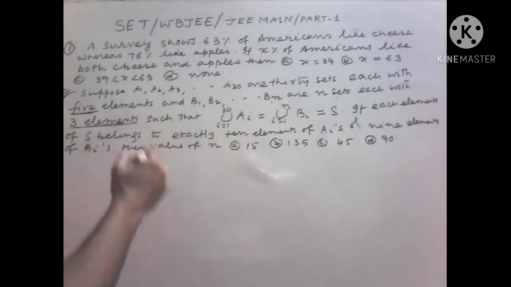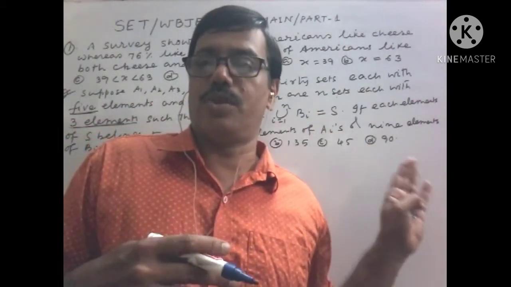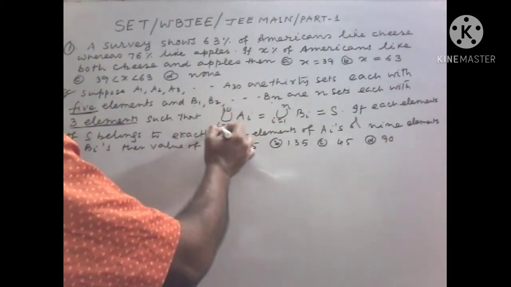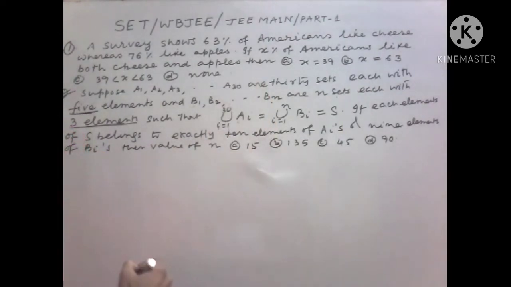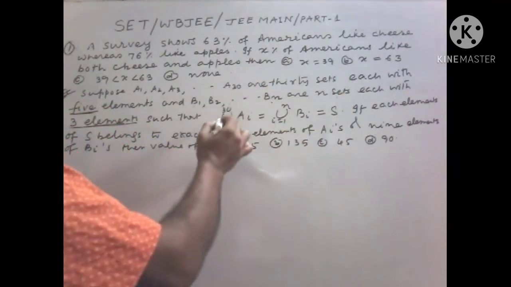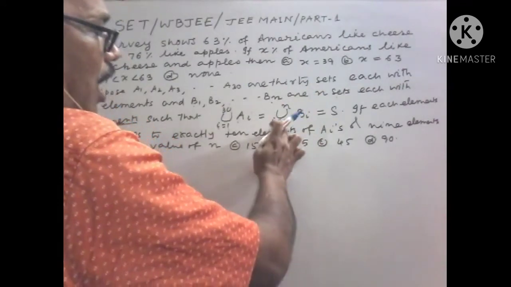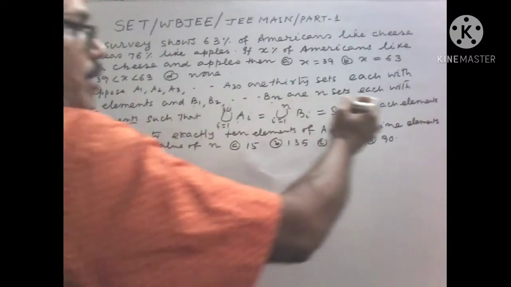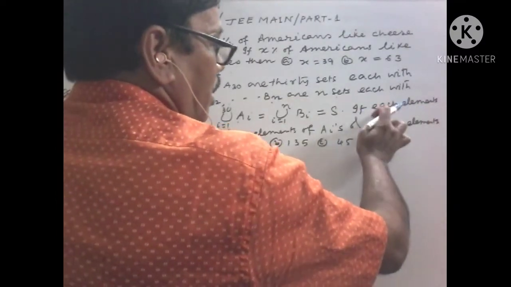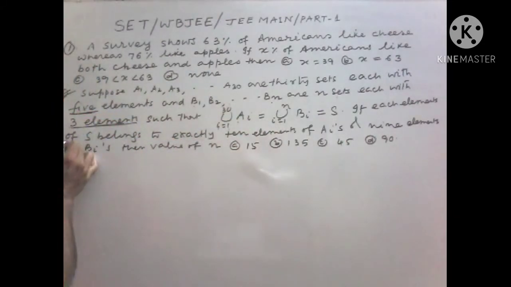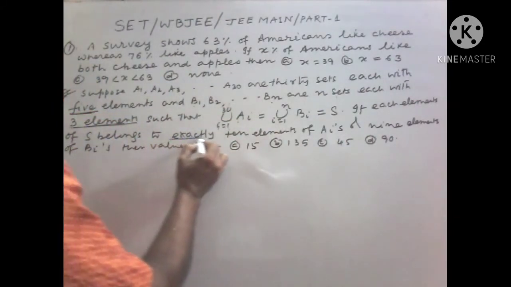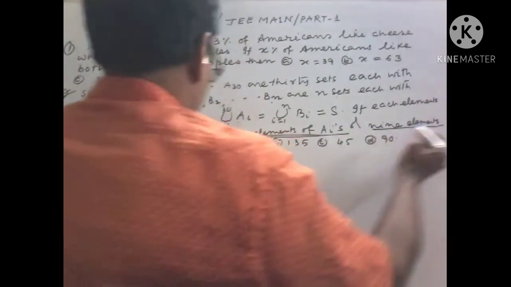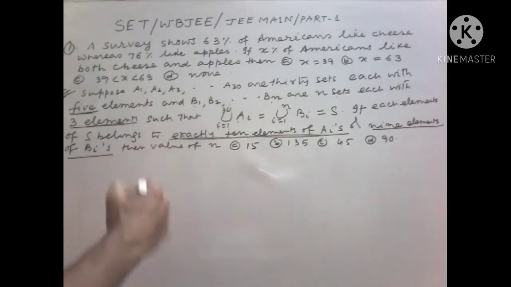So B1 has 3, B2 has 3. The union of Ai for i equals 1 to 30 equals S, and the union of Bi for i equals 1 to n equals S. Now it is also given, and this step is important, that each element of S belongs to exactly 10 of the Ai's and 9 of the Bi's. Then find n.